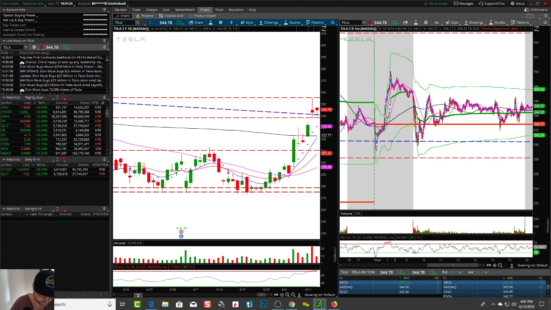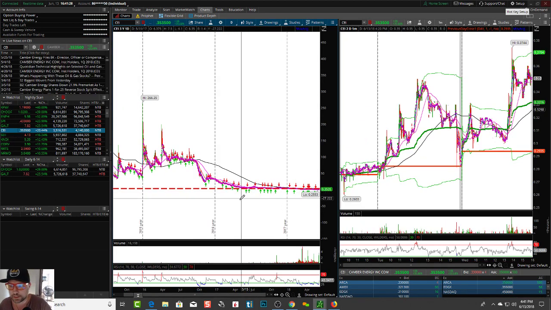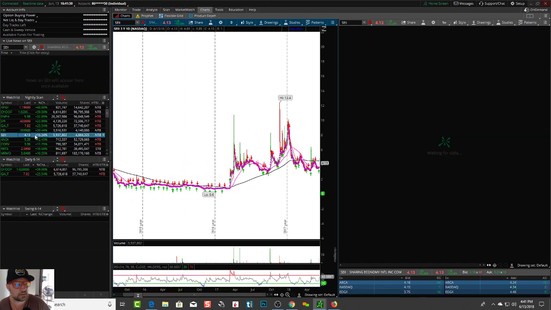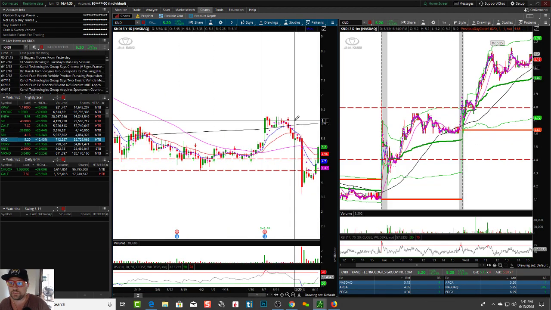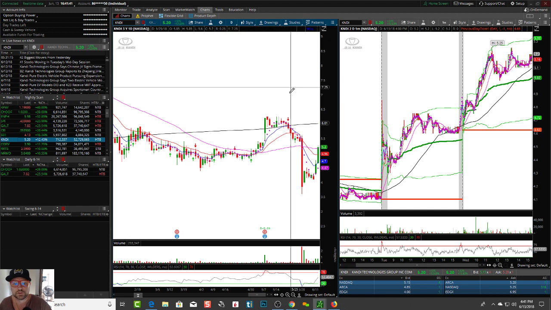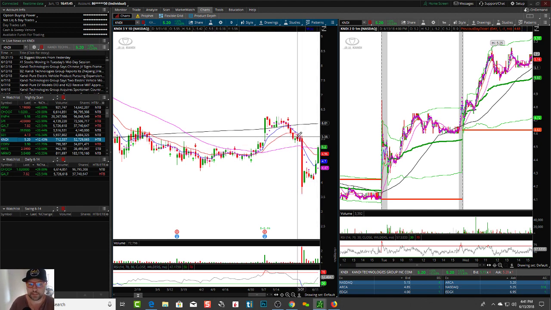All right, next up. I have not moved along much, and I've already talked a lot. KNDI. All right, so possible. Let's take a look here. Price is maybe starting to get above that 50 SMA.